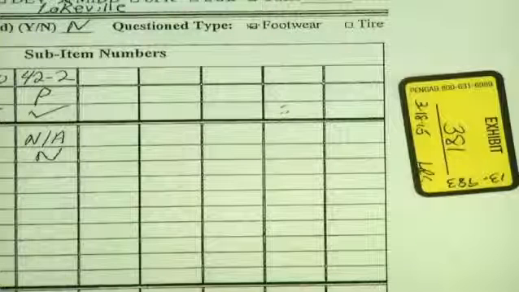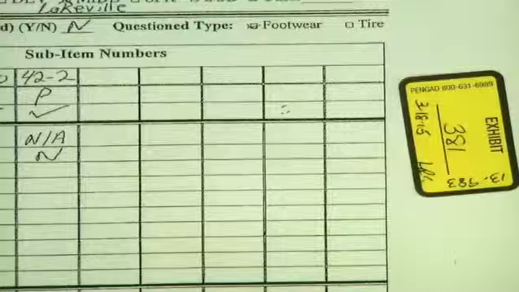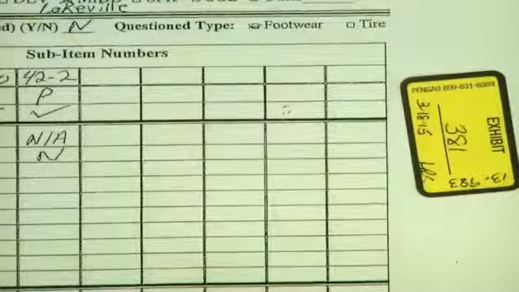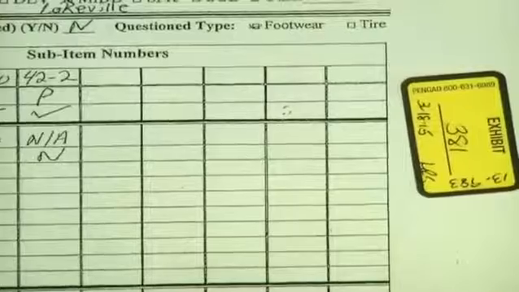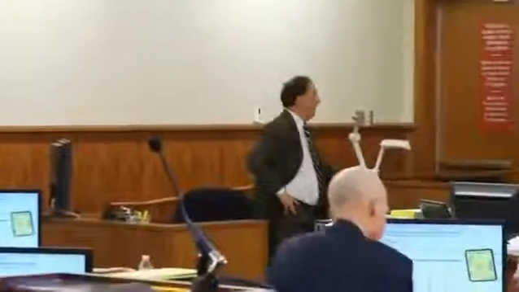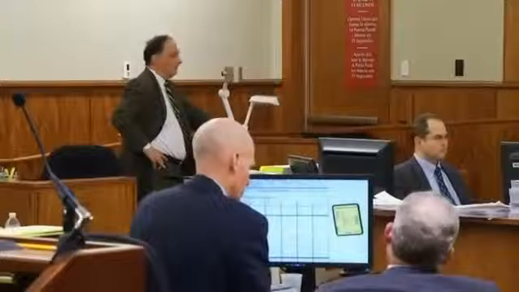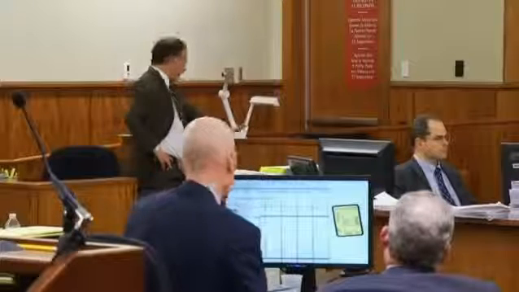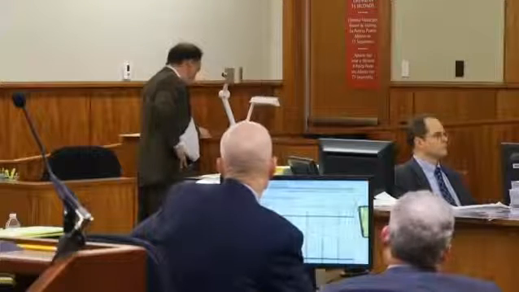I do know 42-2 was not a footwear impression on the back of the Altima. What was it? It was a footwear impression on the back of the front passenger seat of a Chrysler 300 that I examined at North Attleboro PD on June 30th of 2013. Okay, my apologies. So that was a footwear impression from a different vehicle. That is correct.